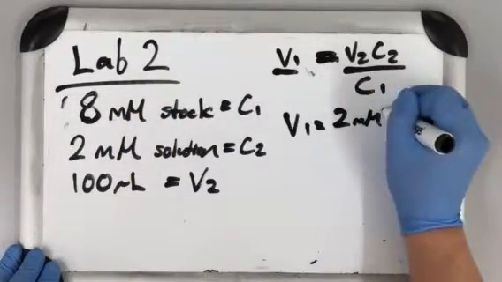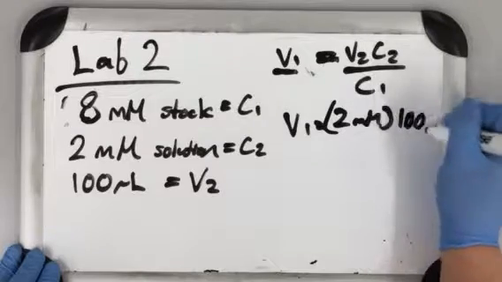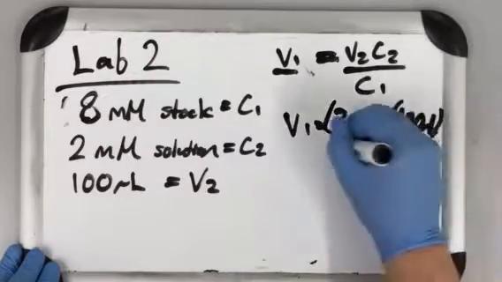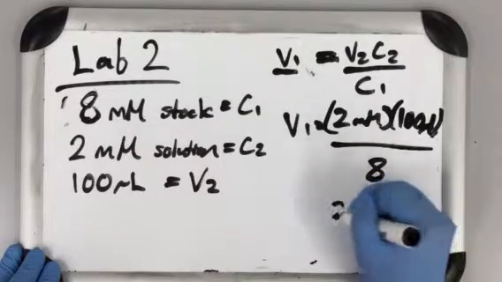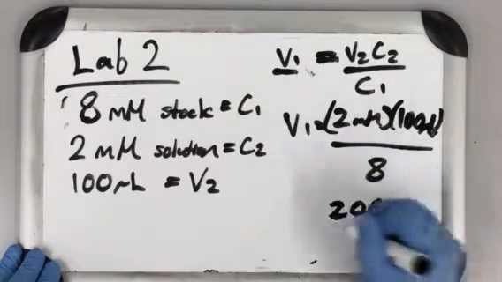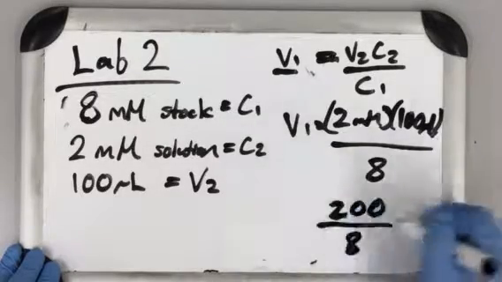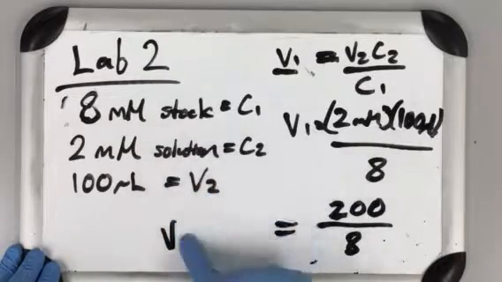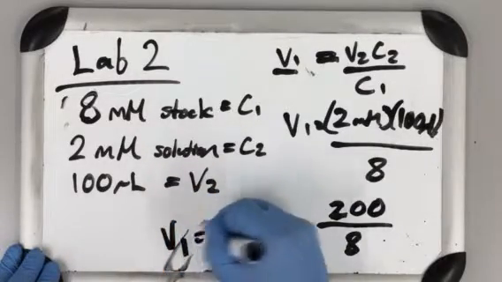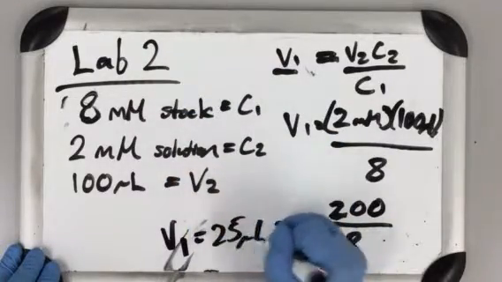So 2 millimolar, and then V2 is 100 microliters, and that's all over 8. So that is 200 divided by 8, which is 25. So V1, the volume from the first stock solution, because this is C1, is going to be 25 microliters.